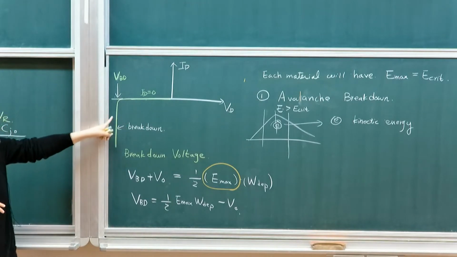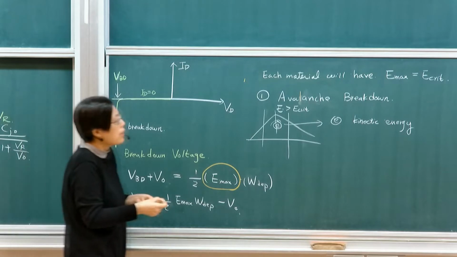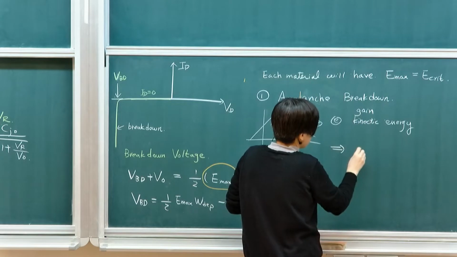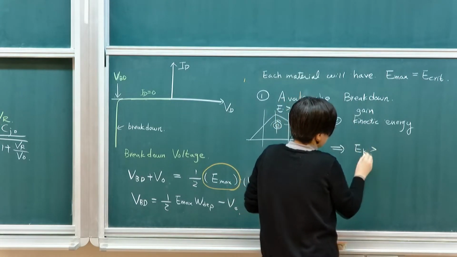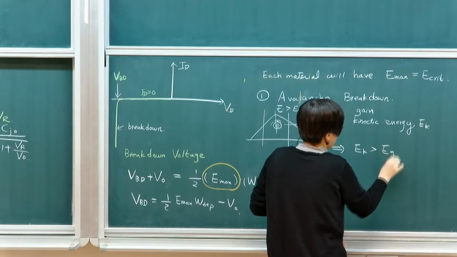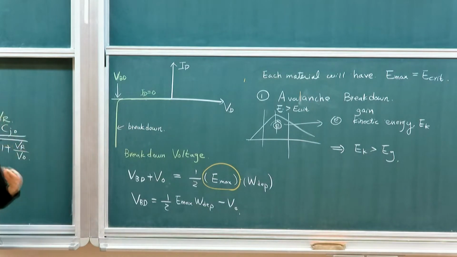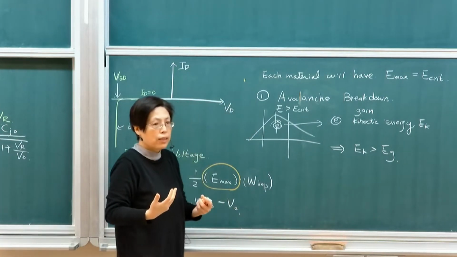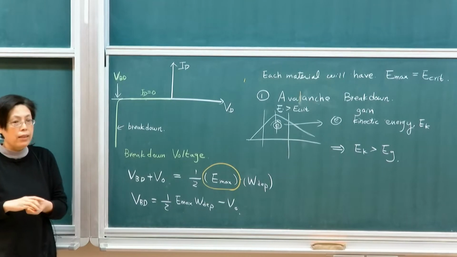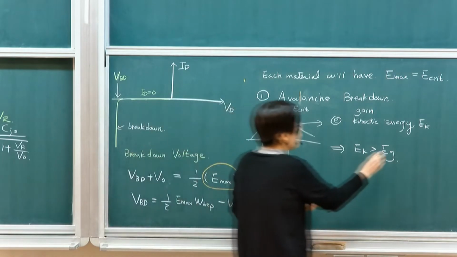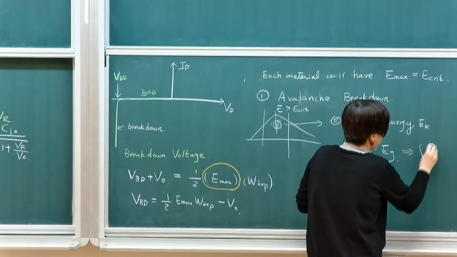But during the avalanche, when the critical field builds up, these electrons gain kinetic energy. If this energy, EK, is larger than the band gap, meaning the field is high enough that the electrons gain enough energy to break a covalent bond, then it will generate an electron-hole pair.